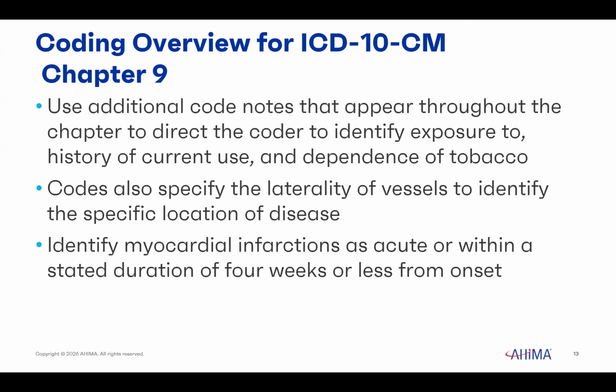And again, use these extra codes to show any tobacco use or which side of the heart the vessels are on. The codes get very specific in terms of the laterality of the vessels.